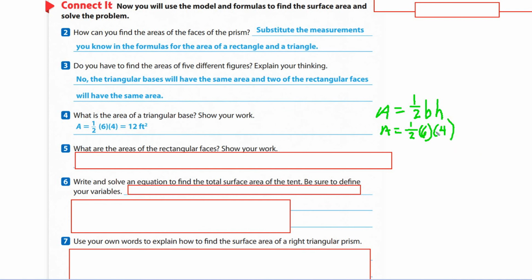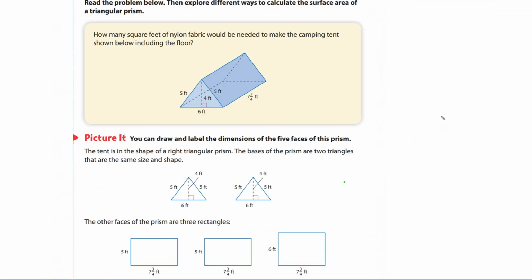When you do it, 6 times 4 is 24, times 1/2 is 12. So the area of the triangular bases is 12 feet squared. Let's see why the base is 6 and the height is 4. The base is 6, and the height is not 5, that's at an angle, it has to be straight down. So the height is 4, as you can see.